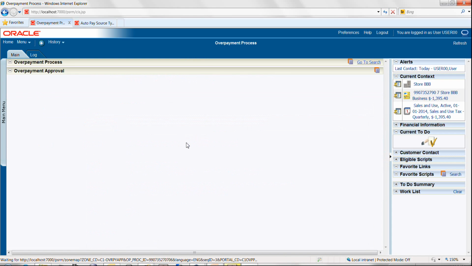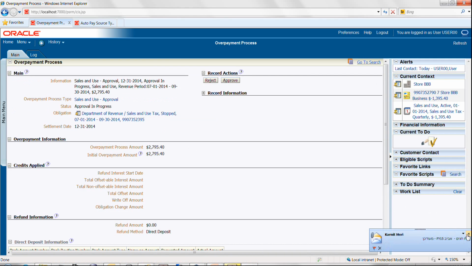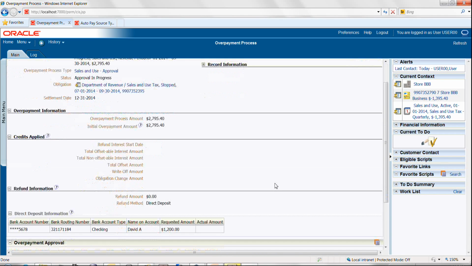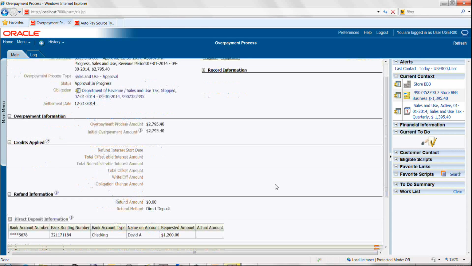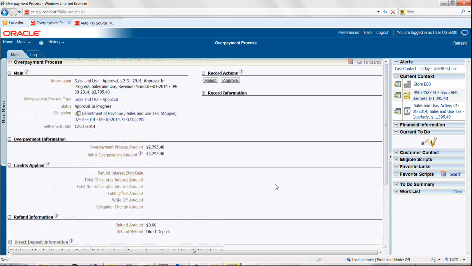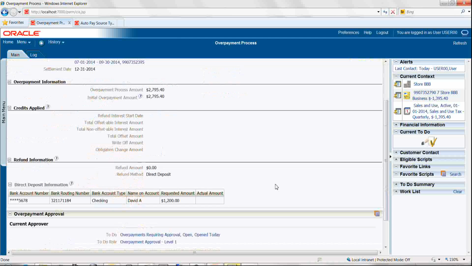And let's have a look at it now. It shows me that the approval is in progress, and that I cannot yet create the overpayment process because it's above the amount of 100, if you remember.